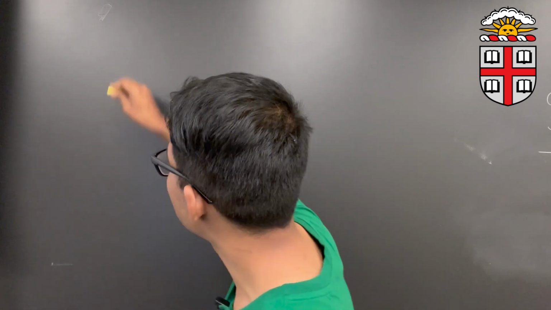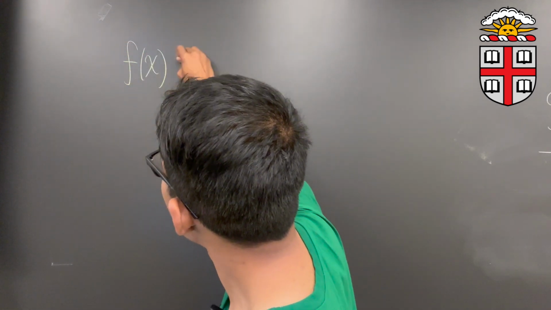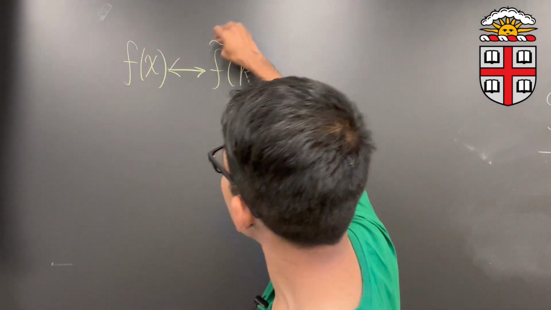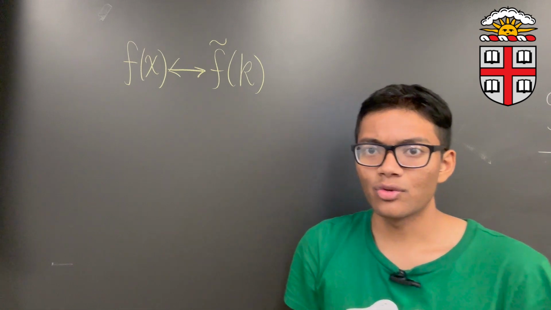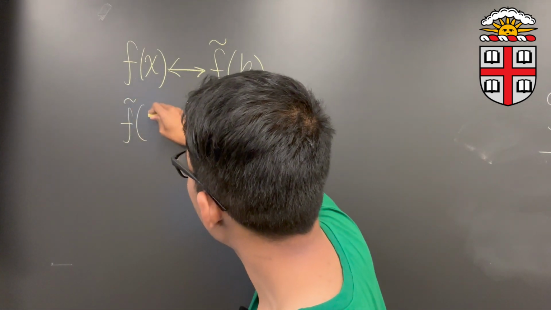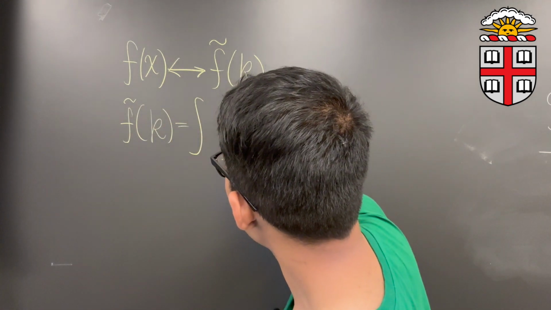In other words, it connects the spatial representation, f of x, with the momentum or wave vector representation, f of k. So how does it do that? Well, the Fourier transform of f of x is given by the integral of f of x.